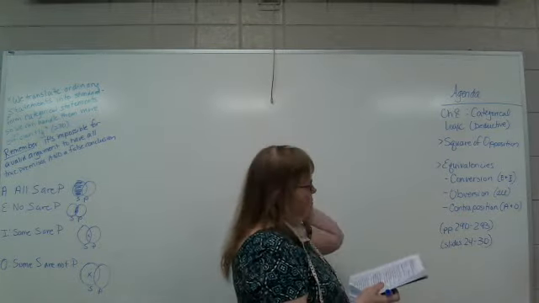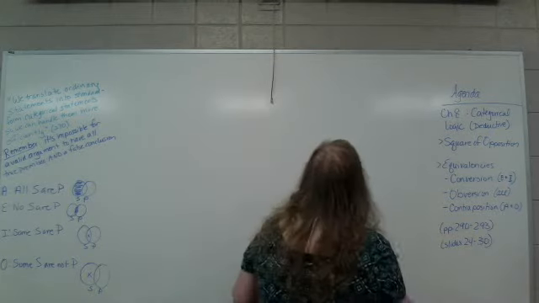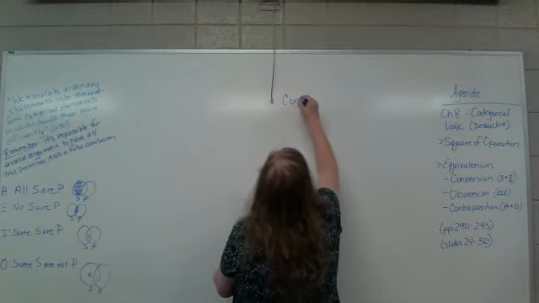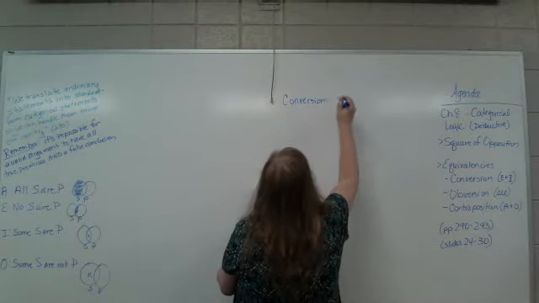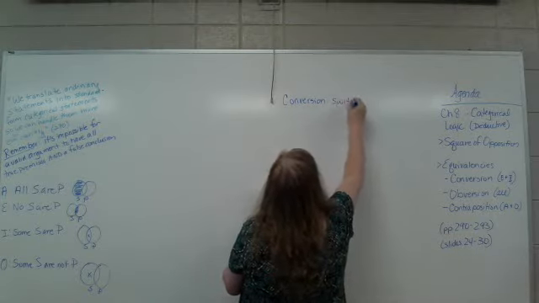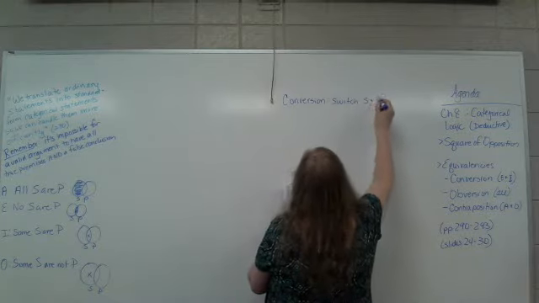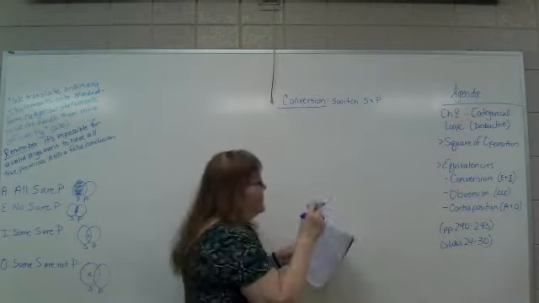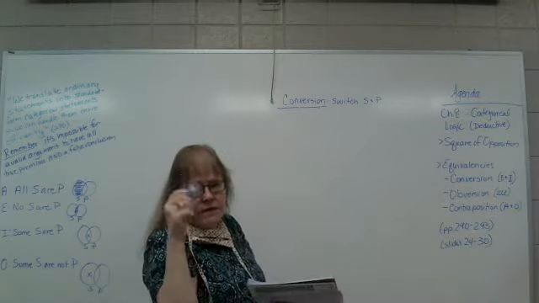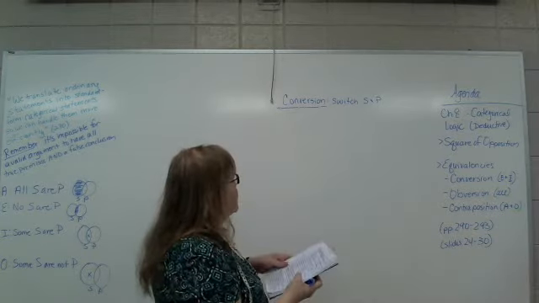So I'm going to read some things to you. I'm going to show you some things. So conversion, okay, switch the subject and predicate terms, and that's it. That's what you do, okay? So when we were doing the I's and E's earlier and making the two sets of circles, those are the ones that work, okay?